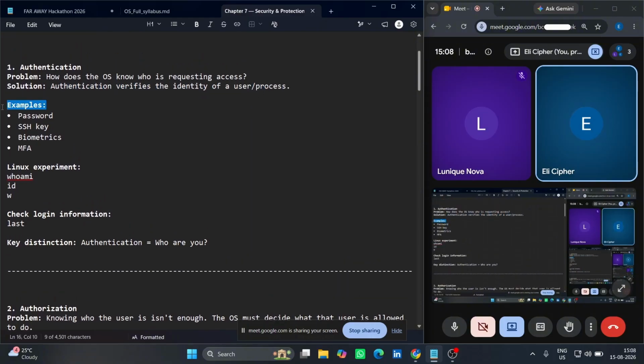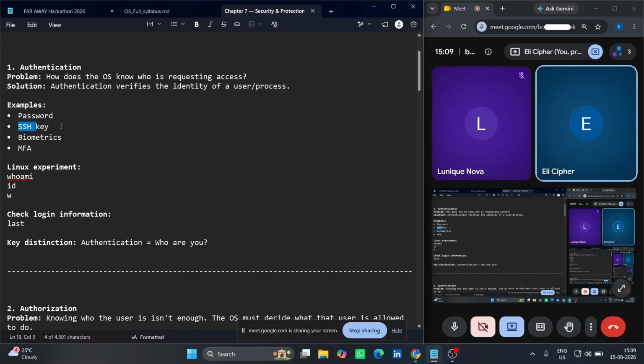For example, password, SSH key. We will learn about these kind of terminology, SSH key, MFA, in future, as we move to advanced scripting or advanced courses. For now, just remember that there is a key named SSH key.